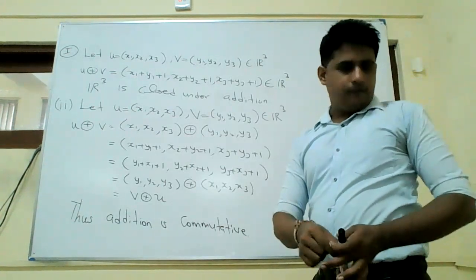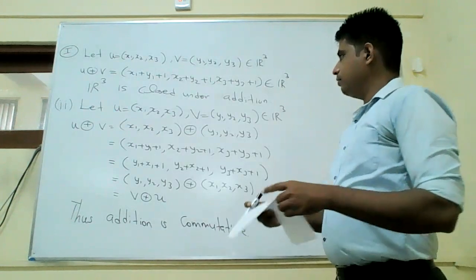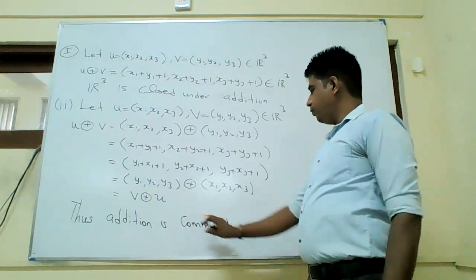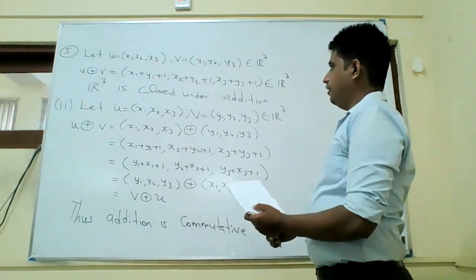This is the commutative property. Next, we want to check the associative property.